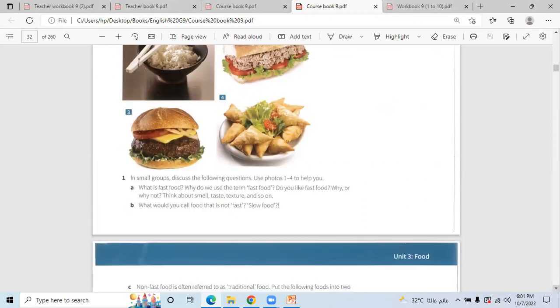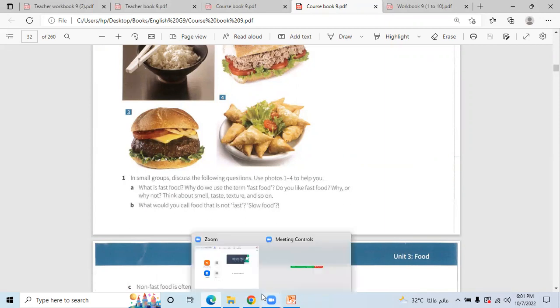After the discussion, we wrote the answers of these questions: what is fast food? Why do we use the term fast food? Do you like fast food? Why or why not? Think about smell, taste, texture, and so on. And what would you call a food that is not fast, or slow food, or something else?